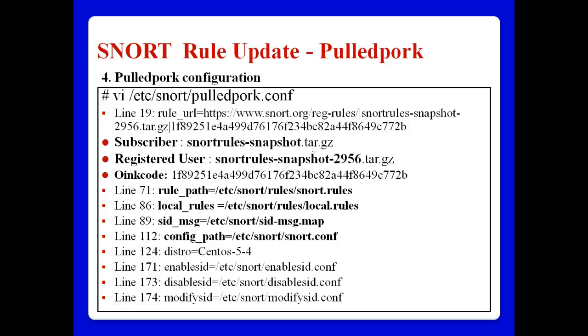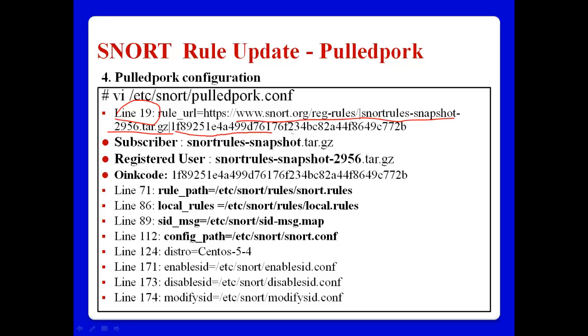Even though there are many things we have to configure, in my case line number 19 is the most important line. Here we have to define the exact URL to download the Snort rules. In my case, snort.org, the rules snapshot 2956.tar.gz.